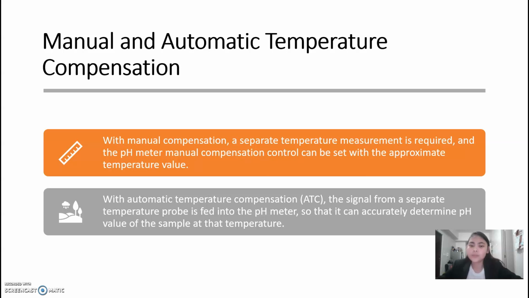With manual compensation, a separate temperature measurement is required, and the pH meter manual compensation control can be set with the approximate temperature value. With automatic temperature compensation, or ATC, the signal from a separate temperature probe is fed into the pH meter so that it can accurately determine the pH value of the sample at that temperature.